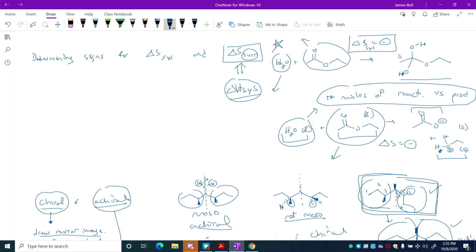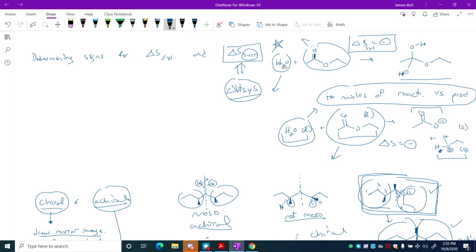So if I don't tell you any information about delta H, you'd have to try to judge it. And the best way to do that is to look at, from what we've talked about so far, maybe if there's a charge on one side or the other. If the charge is more stable on one side, then it's probably got a lower potential energy than the other side. Or we can look at the pi versus sigma bonds, which would be the case here, because I've got this pi bond breaking.